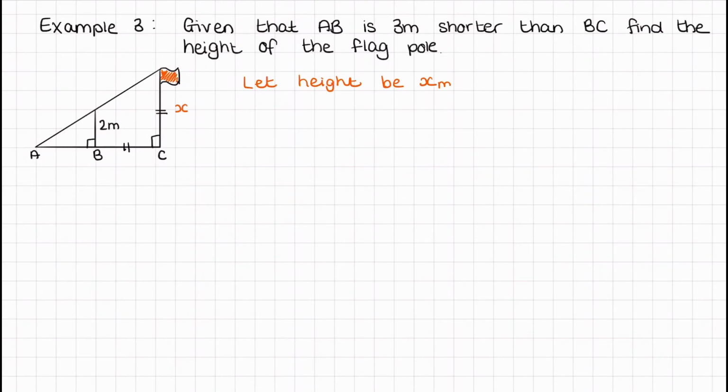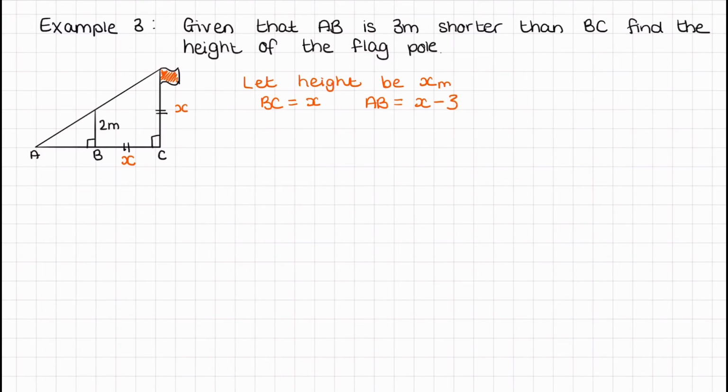Now, the little double lines that you see here, I'm just going to draw a quick circle, means that these two sides are the same length, which means this bit here will also be x. And the question also tells us, so that means we can also say that BC equals x, and we know that AB is 3 meters shorter than BC. So AB will equal x minus 3.